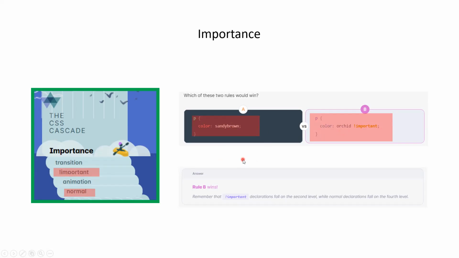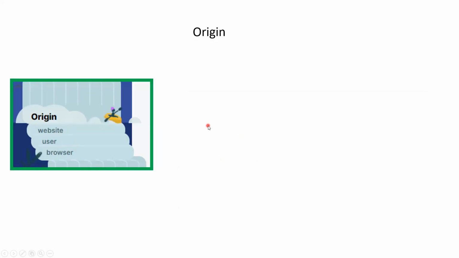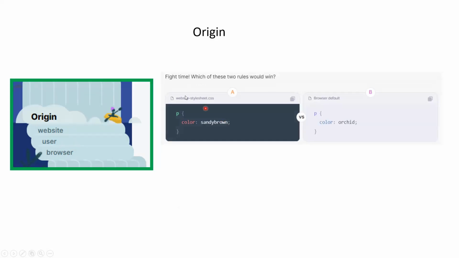All right. Next level of the CSS cascade: origin. In the origin, we will look at places where the rule can be defined. The rules can be defined on the website, by the user, or in the browser. So, for example, in this case, which of these two rules would win?